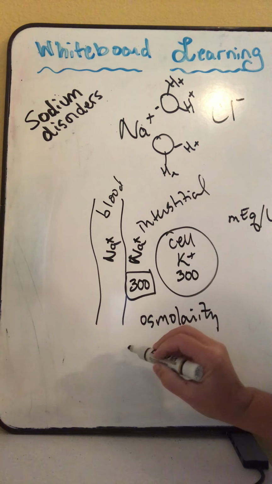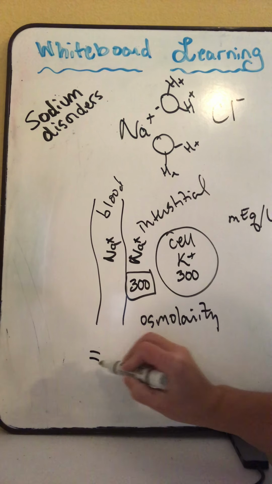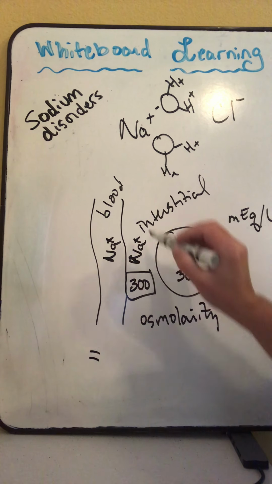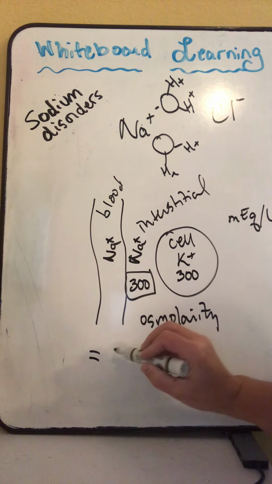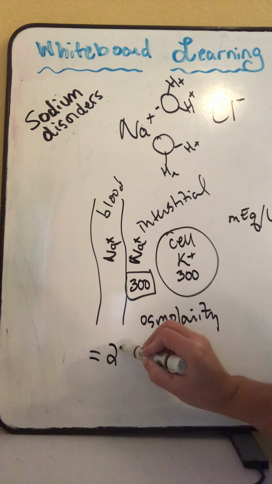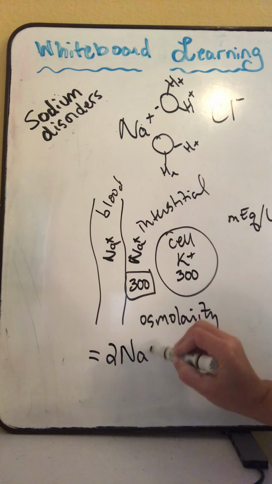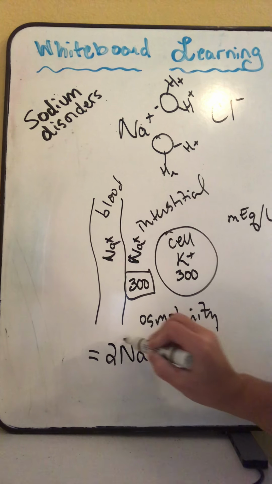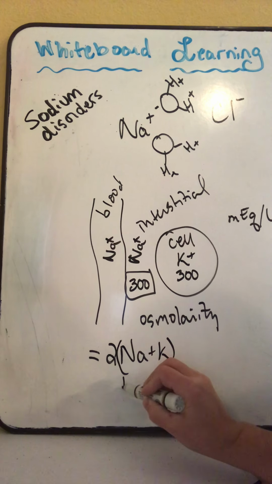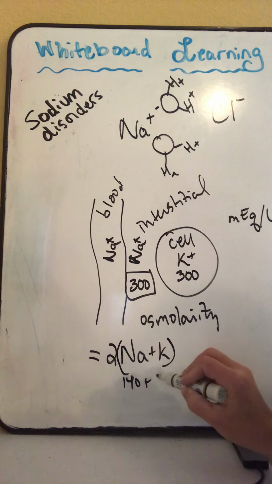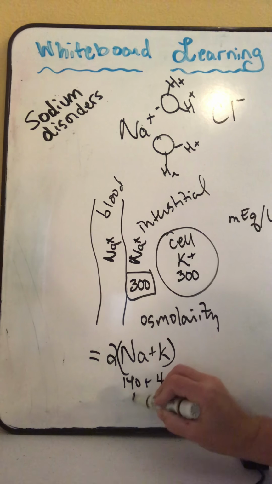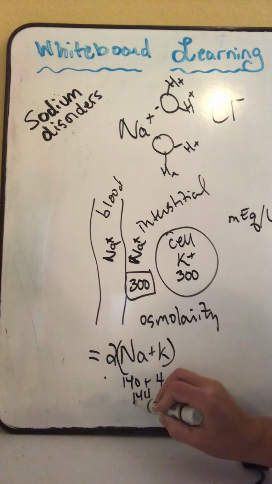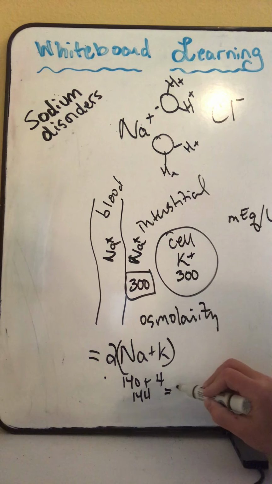Now, how does it do that? Well, there's a calculation for that. So you can say that the saltiness of the blood and interstitial fluid is based on 2 times sodium plus potassium, basically. So that's about 140 plus 4, so that's 144, and 2 times 144 is 288.